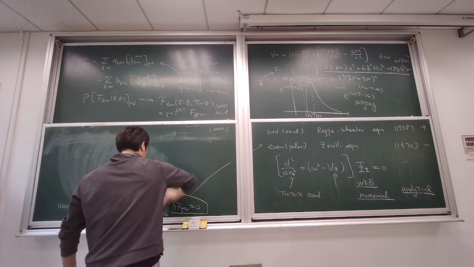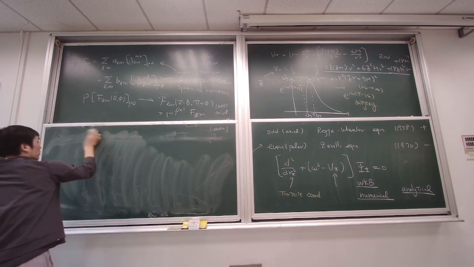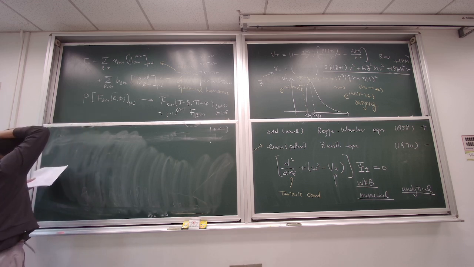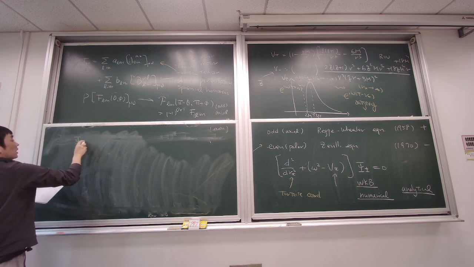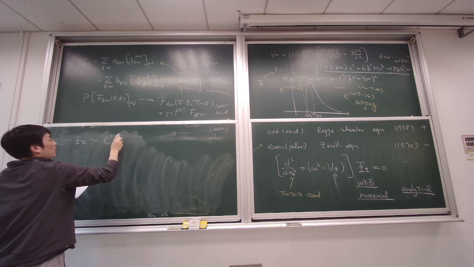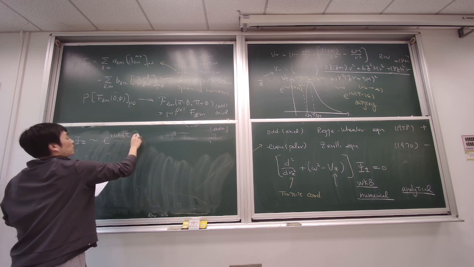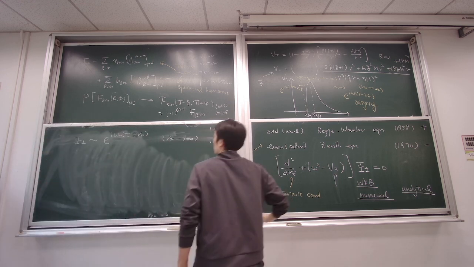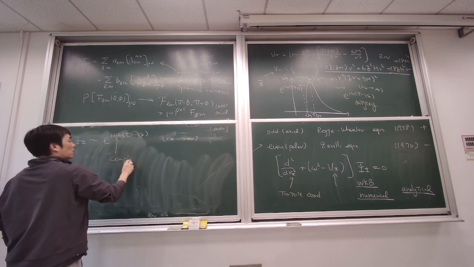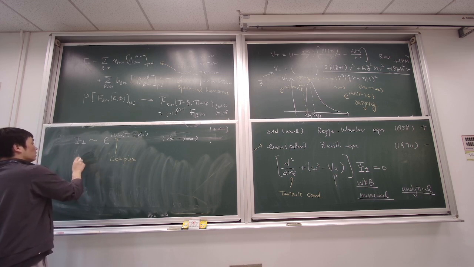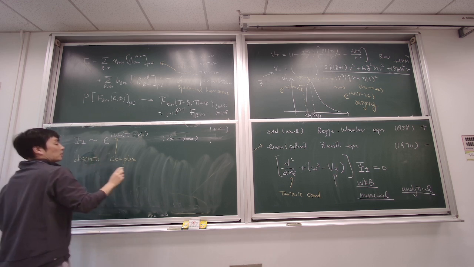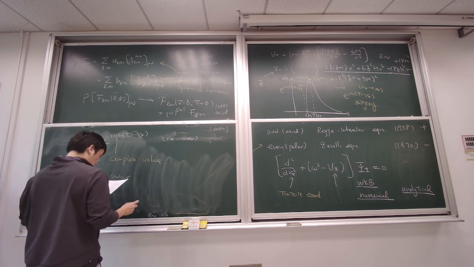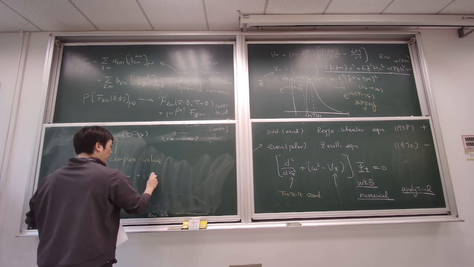The important thing is what these people found: roughly, psi plus and minus both behave like e to the i omega_n (t minus r star) when r star goes to infinity, and this omega_n is discrete and complex, so that omega_n is something like omega_n real plus i omega_n imaginary.